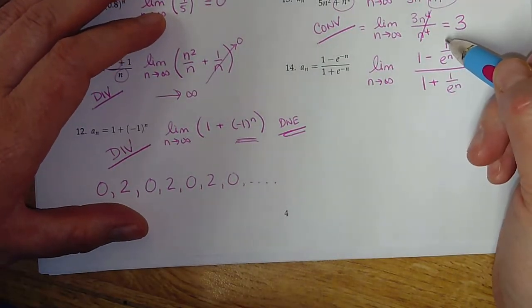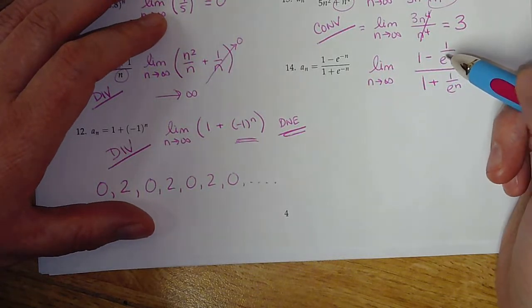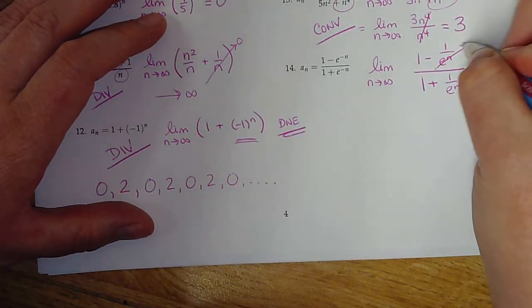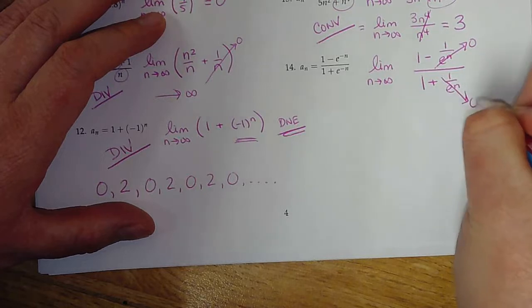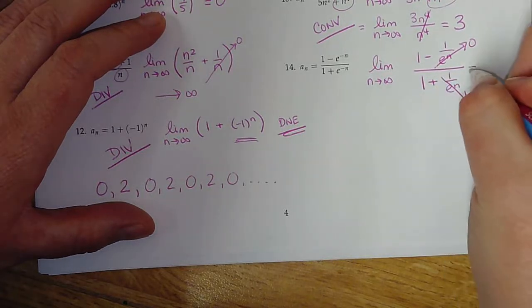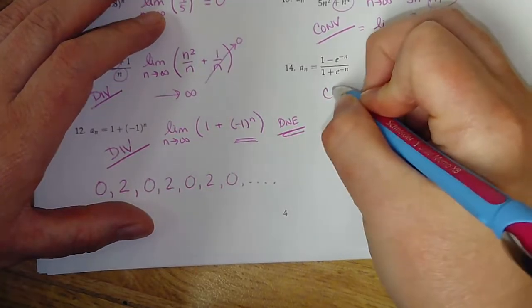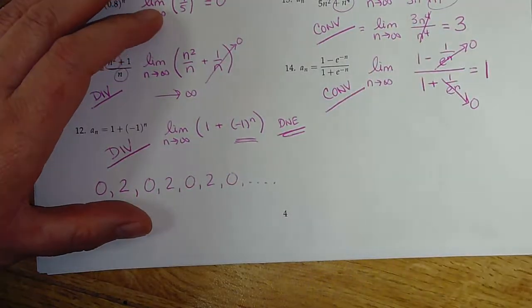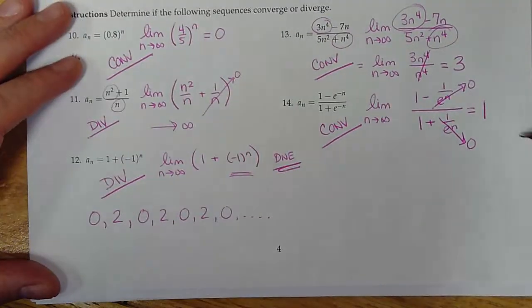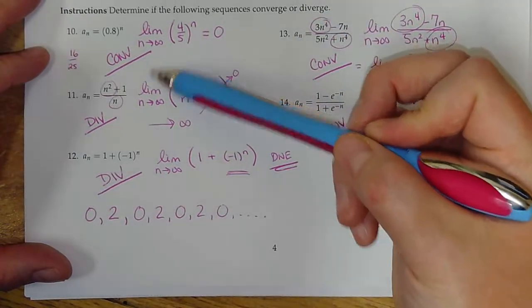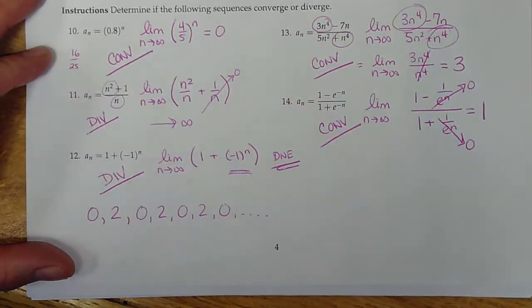So this is basically 1 divided by a huge number on steroids. So it's definitely going to 0. So at least with a 1 over 1, this limit is equal to 1. And I would say that this sequence converges. Okay. So for the sequences, we have converges, diverges, diverges, and then two converges.